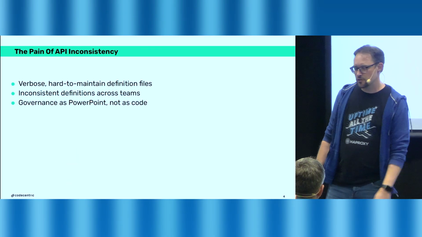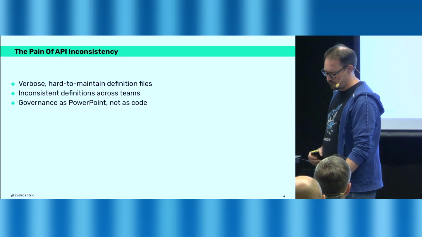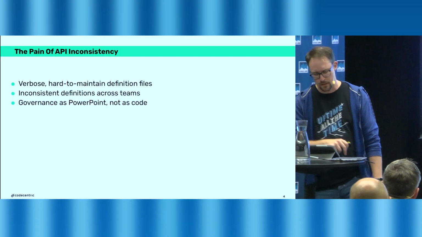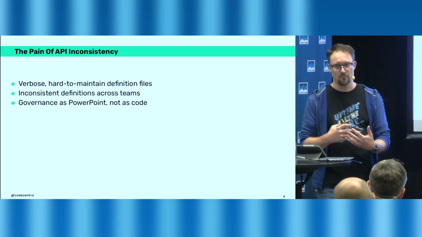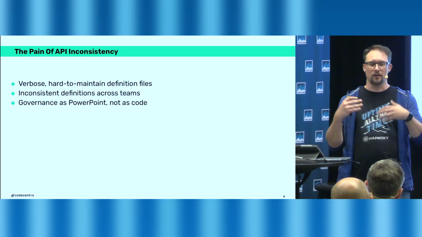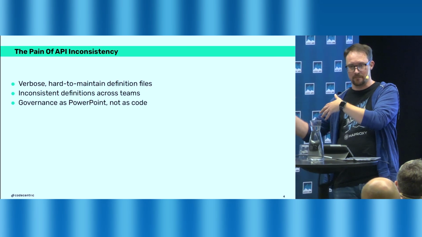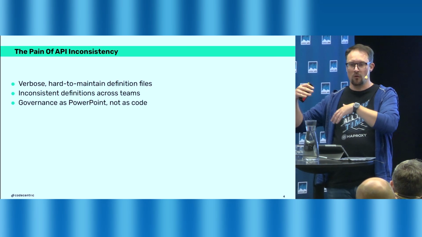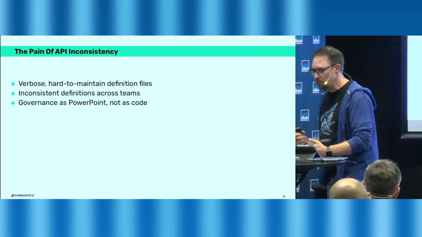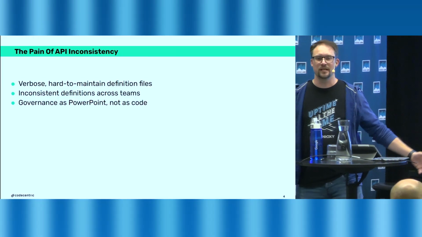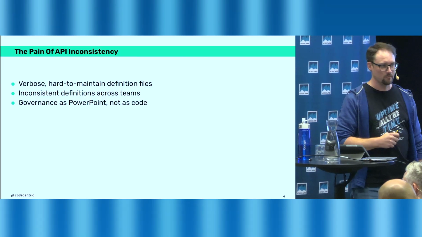Because we have some kind of pains when we look at API descriptions nowadays. We have inconsistency. It's really hard sometimes for teams to understand what other teams are doing, because what we are lacking is governance. Governance is hard to implement, because there is no tool available.